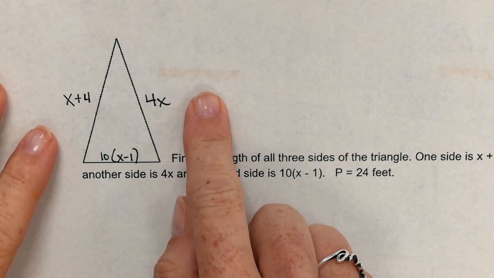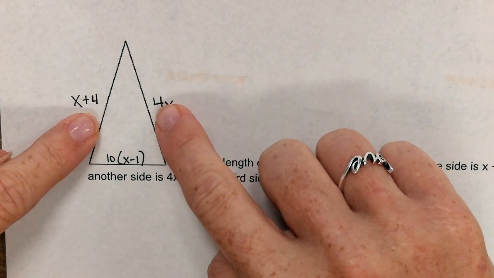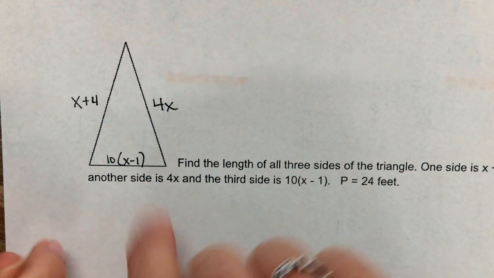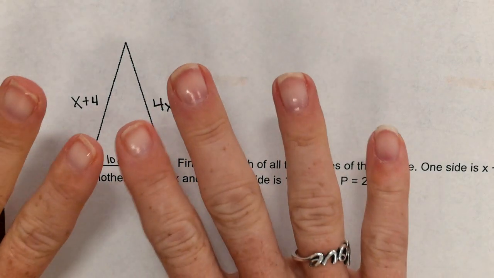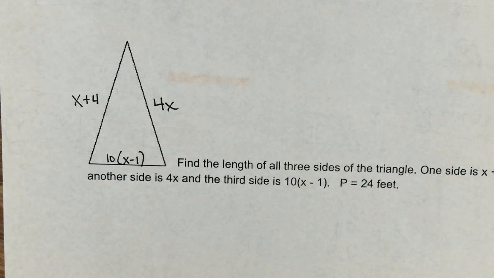What is isosceles? Two sides are exactly the same. Okay, but this is not an isosceles triangle based off the numbers, so I messed up. So pretend that this is just a regular triangle where no sides are the same. Are y'all good? Okay, because that bothers me.